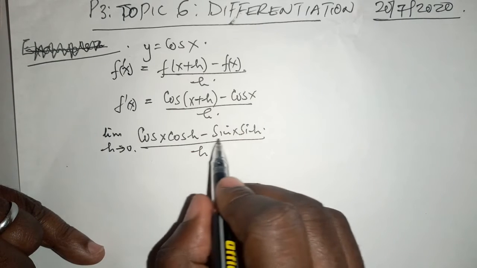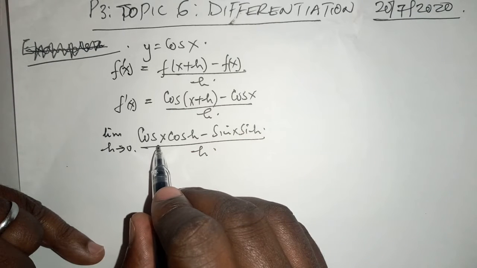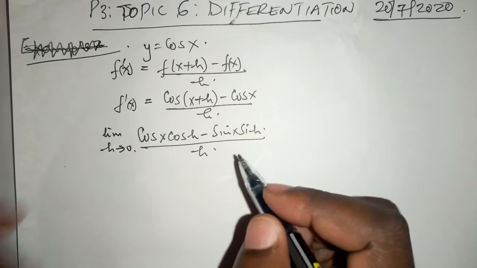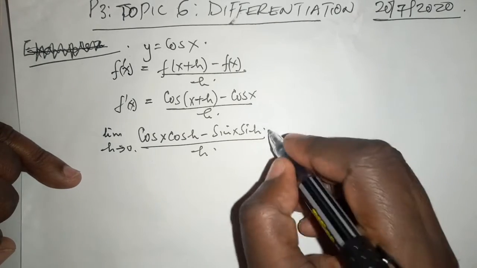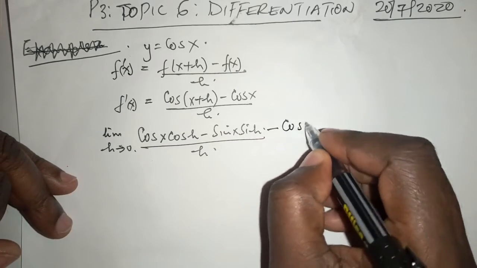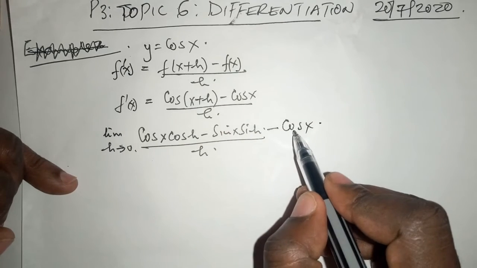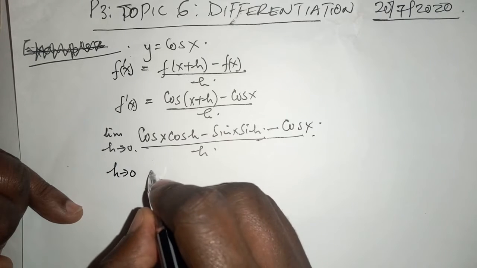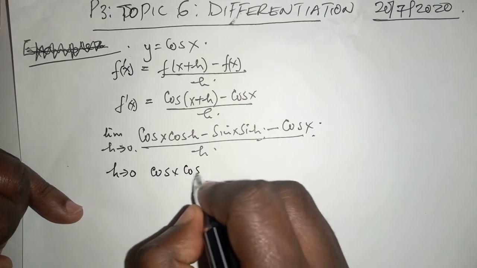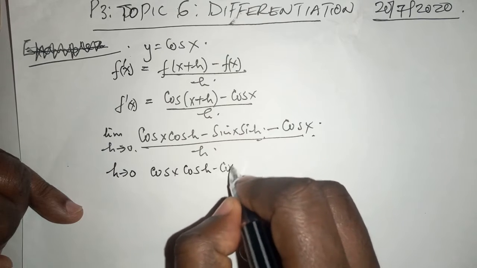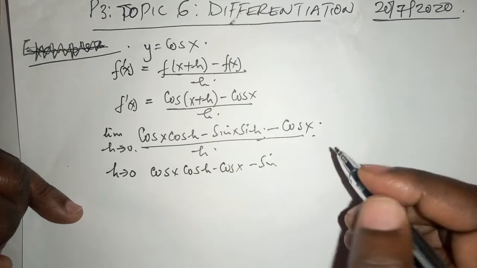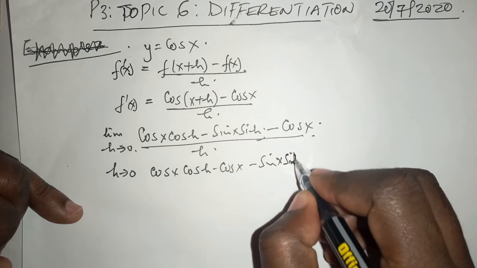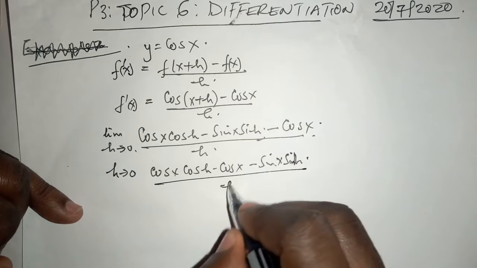Before then, of course, this is minus the cosine of x. So if we bring this together, as h approaches 0, we have the cosine of x cosine of h minus the cosine of x minus the sine of x sine of h, all over h.